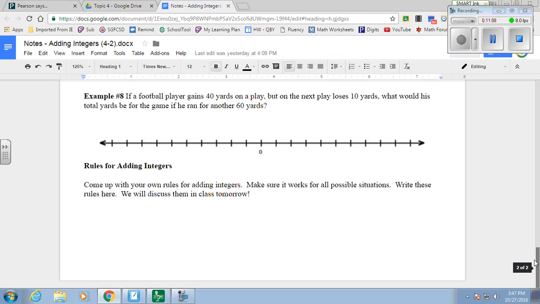But when we talk about the game of football, that's all and good. The goal is to get to the end, and if they keep getting pushed back, they're not going to be able to get there. So instead of saying, what would his total yards be for the game, I'm just going to change this to, how many yards did he gain?